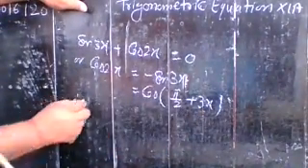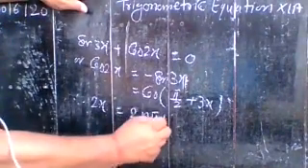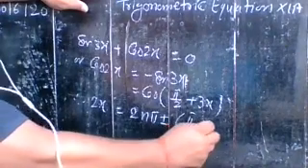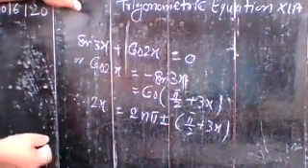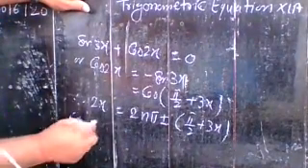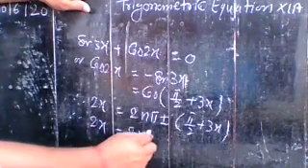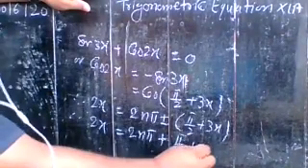Now applying the identity, you have 2x is equal to 2n pi plus or minus, right, pi by 2 plus 3x, and solve the result for positive and negative value. If you are taking positive value, you have 2x is equal to 2n pi plus pi by 2 plus 3x.